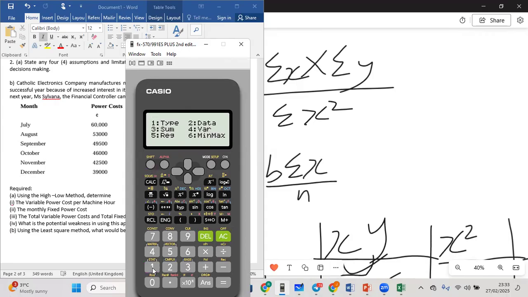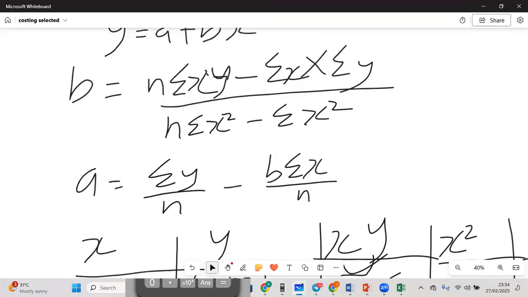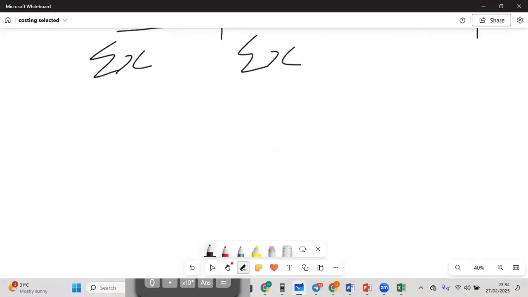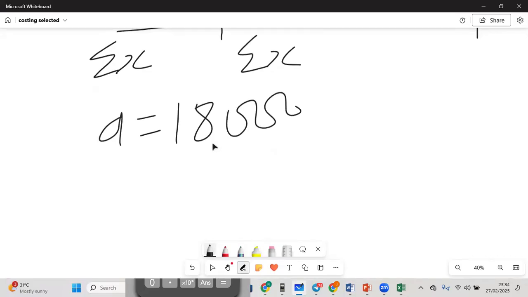Shift 1, you choose 5, then 1. That's your answer for A. A is 18,000. So let's put it down. A is equal to 18,000. So just do the workings, okay, then use the calculator to finish it.